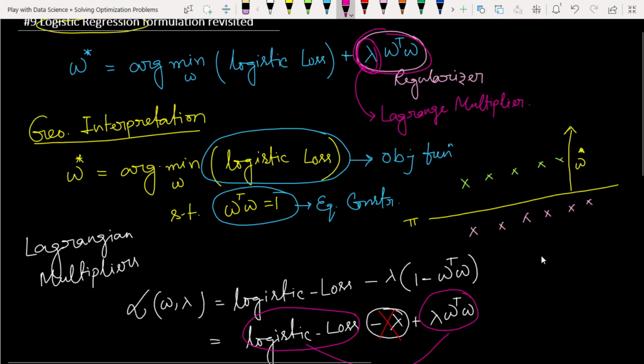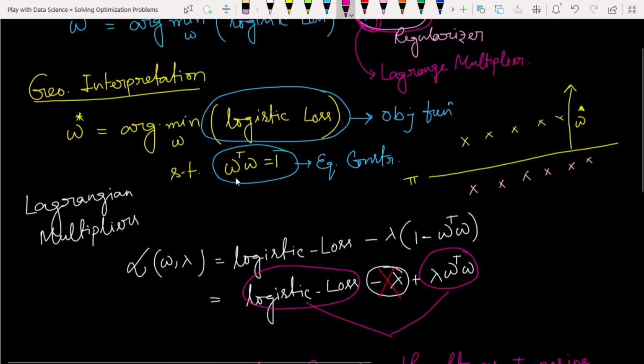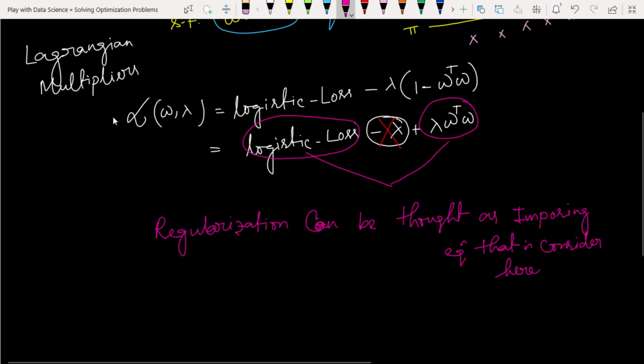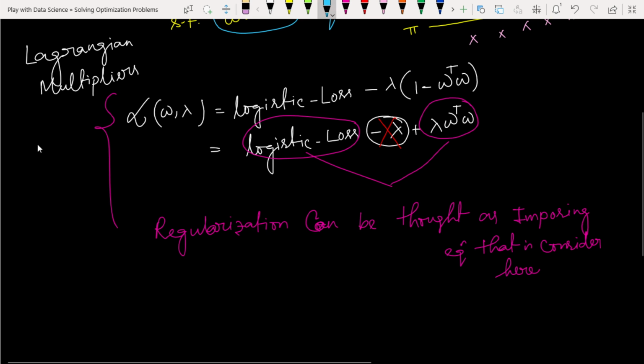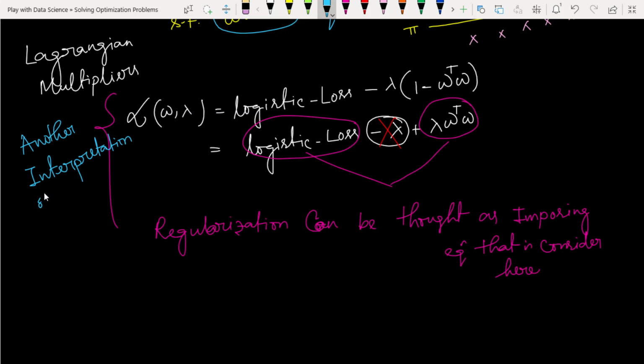So this is another interpretation of the regularizer.